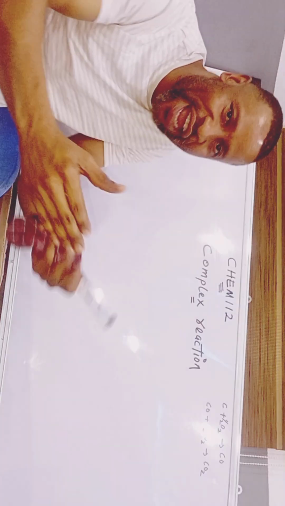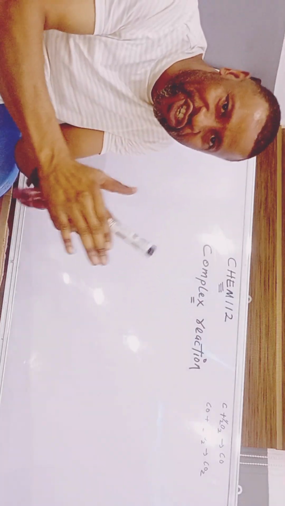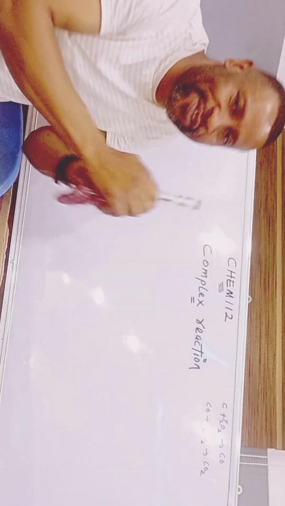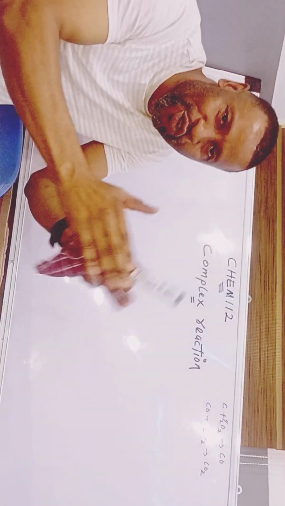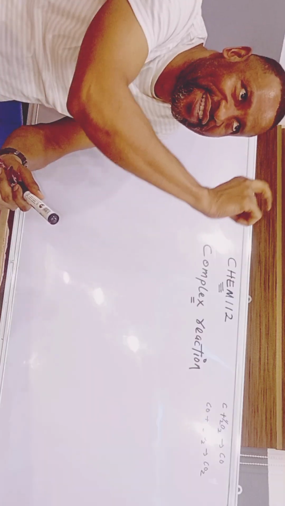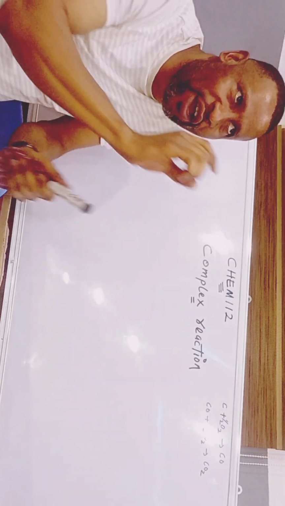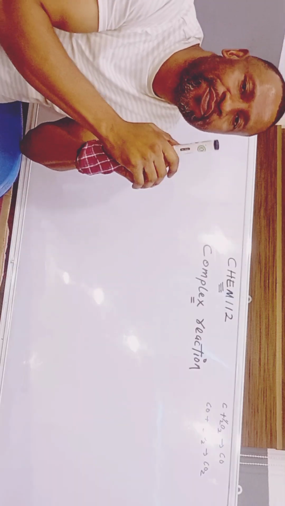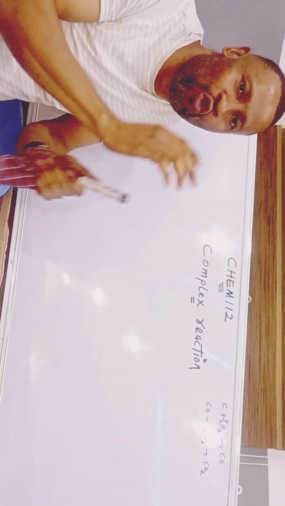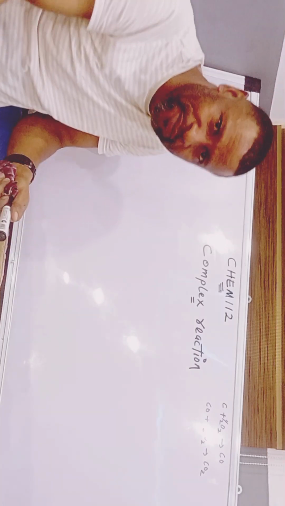A chemical reaction that can be formed by the addition of elementary steps. A chemical reaction that has more than one transition stage. A chemical reaction that has more than one propagation stage. A chemical reaction that has one activated complex. We're going to explain all these terminologies.